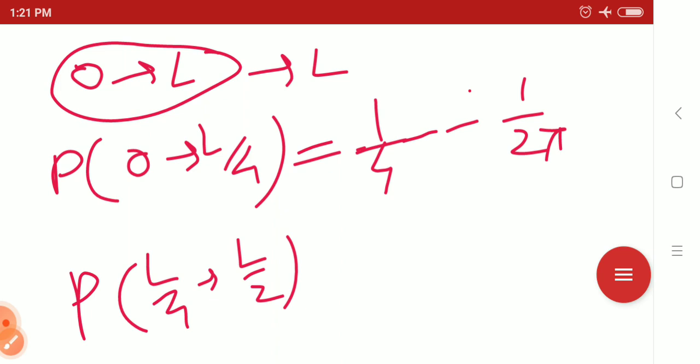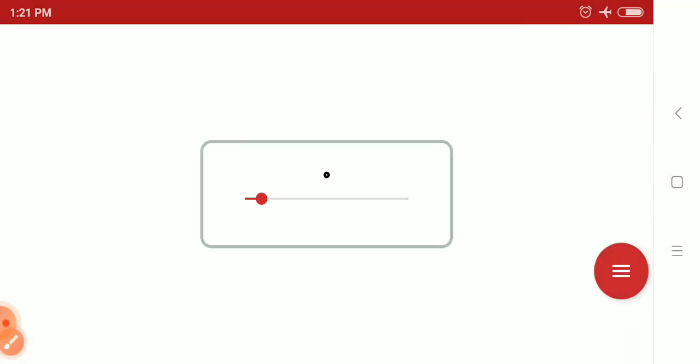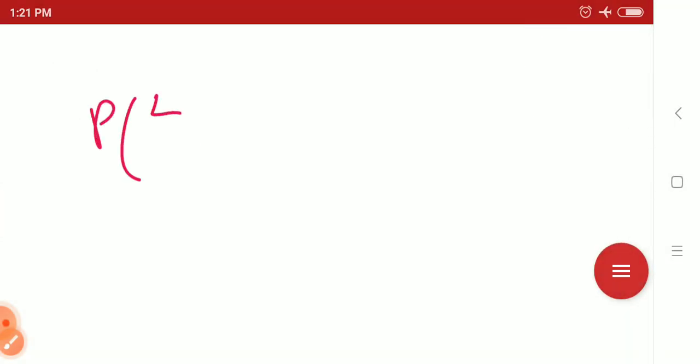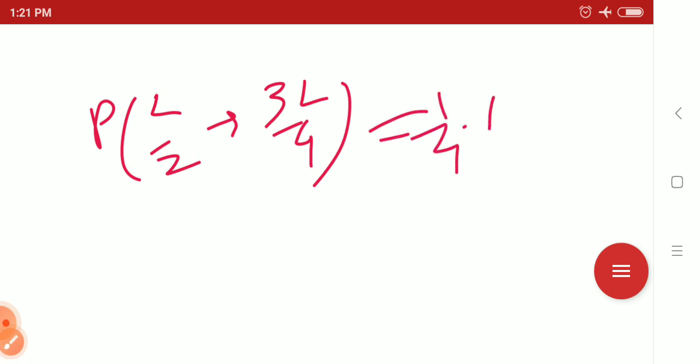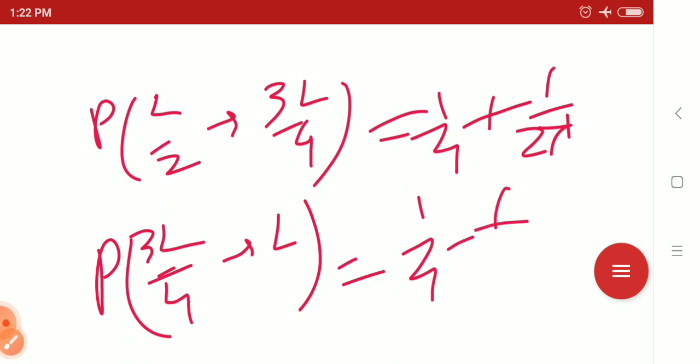Remember these things: 1 by 4 plus 1 by 2 pi. For L by 2 to 3L by 4, the probability is the same, 1 by 4 plus 1 by 2 pi. And within 3L by 4 to L, the probability will be the same as the first, 1 by 4 minus 1 by 2 pi.